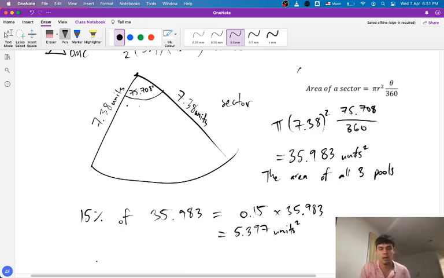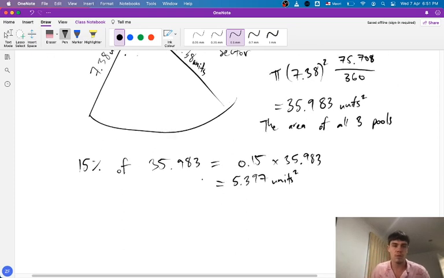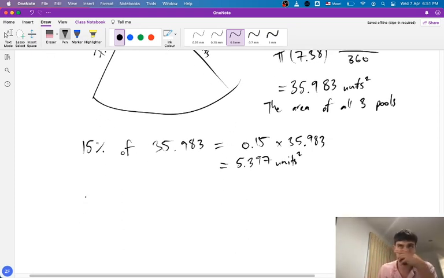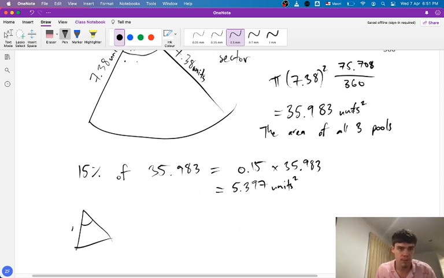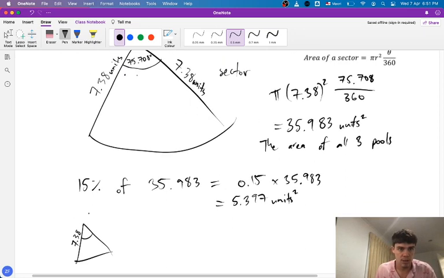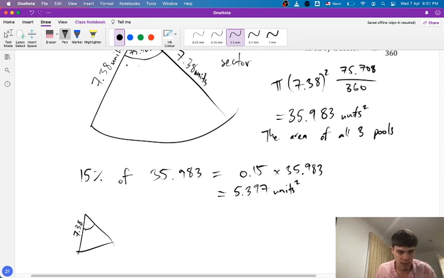So what you're going to have to do for that is, and can we be bothered doing it now? I mean, we just find the area of a triangle using that same thing. We'll quickly do this one because this one's pretty easy. 7.38 and the angle is 75.708 degrees, and that's 7.38.